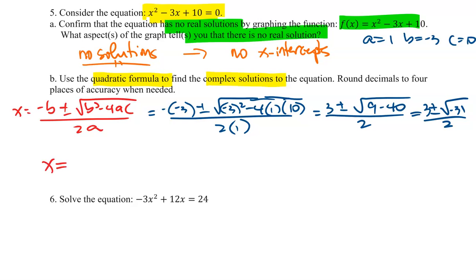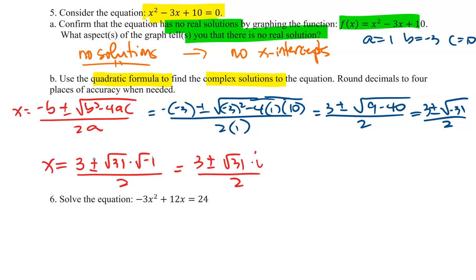So the answers: plus or minus, you can write the square root of 31 times the square root of -1, over 2. And we know that the square root of -1 is i. Or we can rewrite this as 3 plus or minus i square root of 31, over 2.